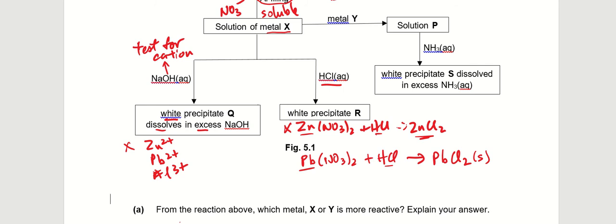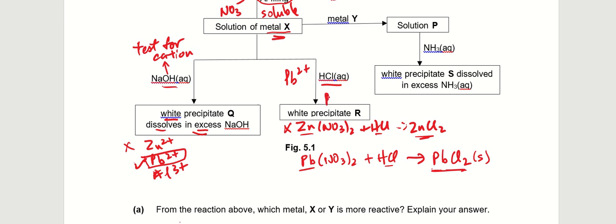So we can more or less confirm that the solution of metal X is a solution of lead 2 nitrate. Let's confirm: we add sodium hydroxide, we get a white precipitate that dissolves in excess, which is consistent with Pb2 plus. And if we add hydrochloric acid to a solution containing Pb2 plus, we get a precipitate of lead 2 chloride.